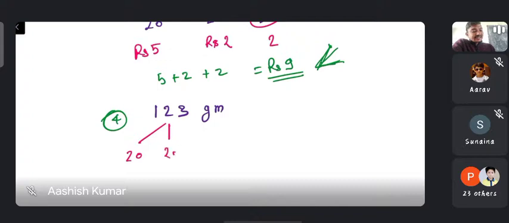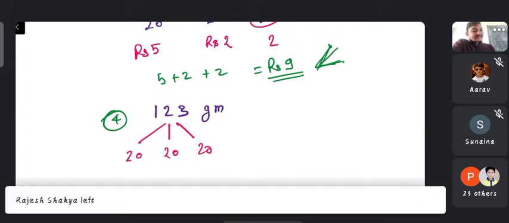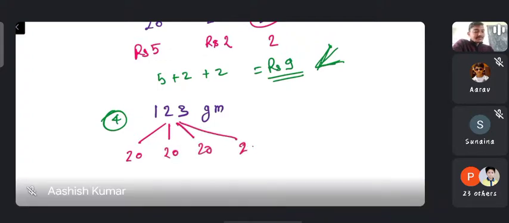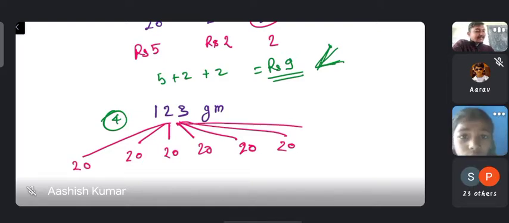The second 20, third 20, and fourth 20. How many? 20, 40, 60, 80, 100, 120, and 3, it becomes 123.